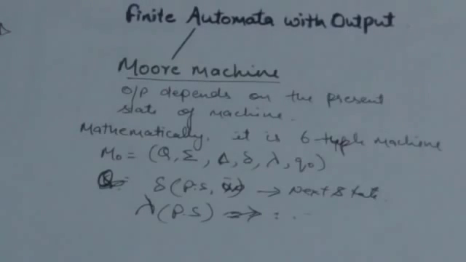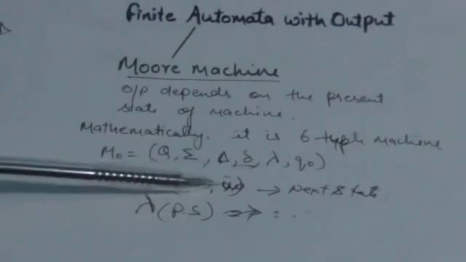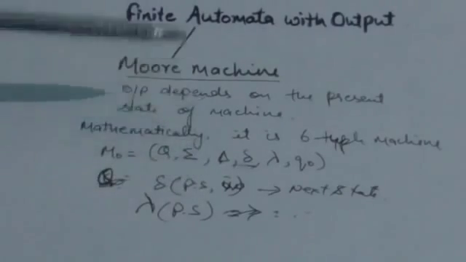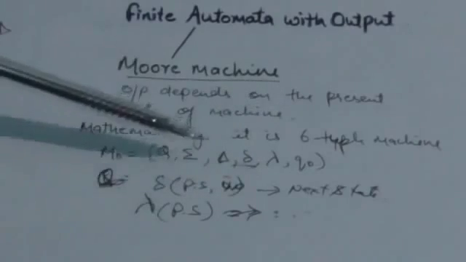Next is delta. Delta is a transition function. It takes two arguments: first the present state, second the input symbol, and it gives the next state as an output.